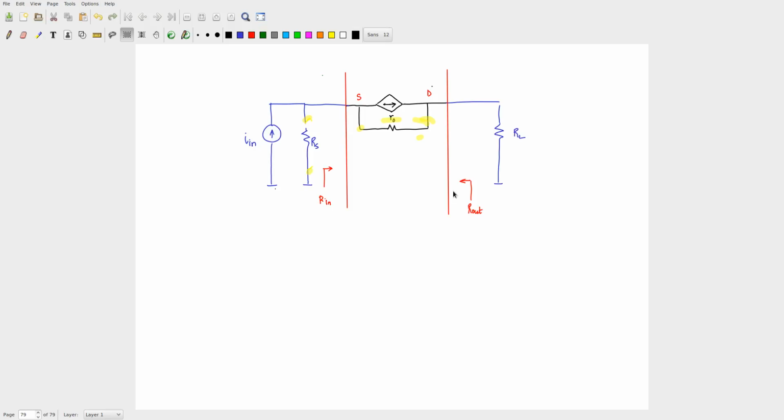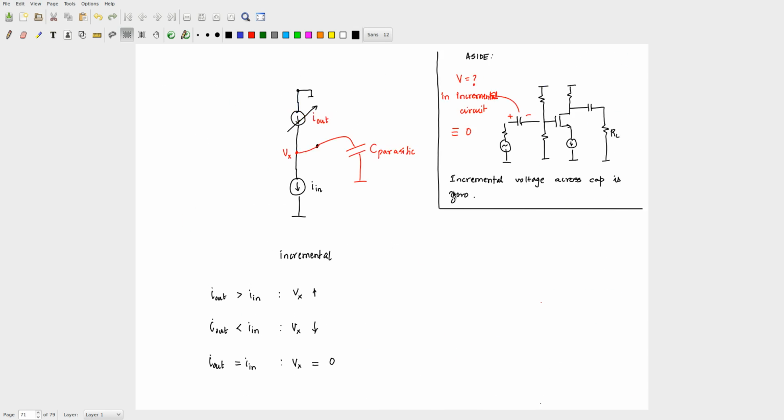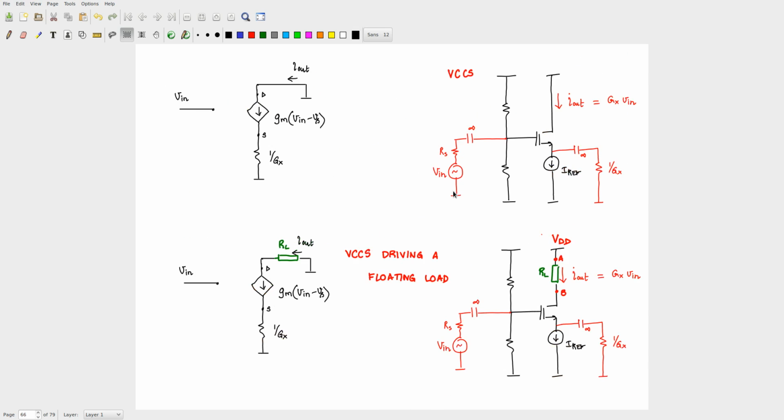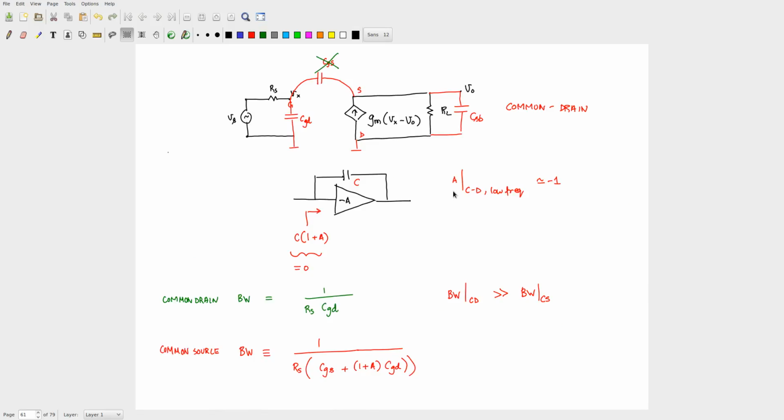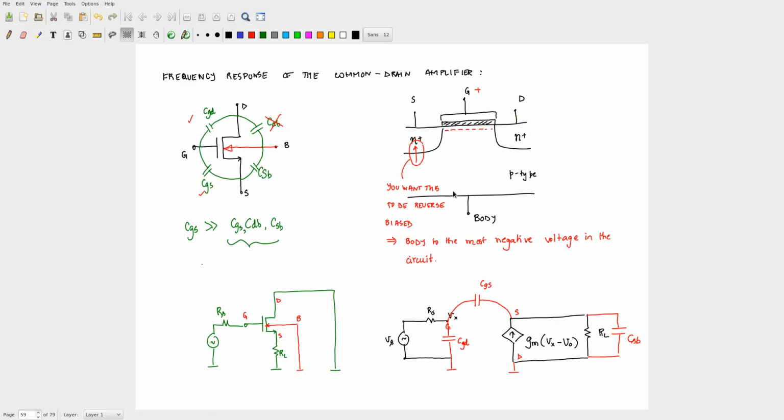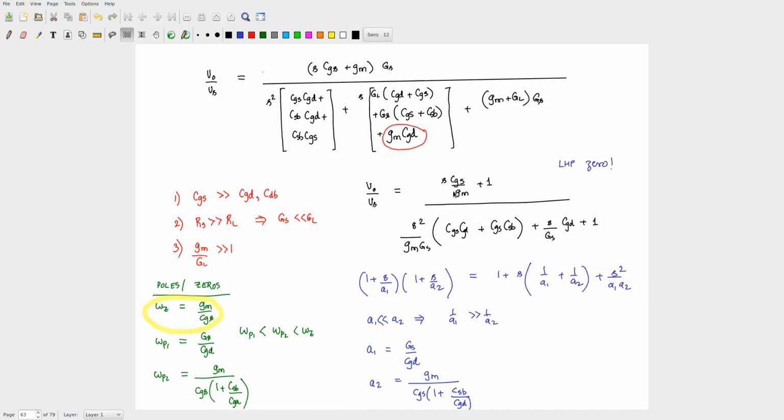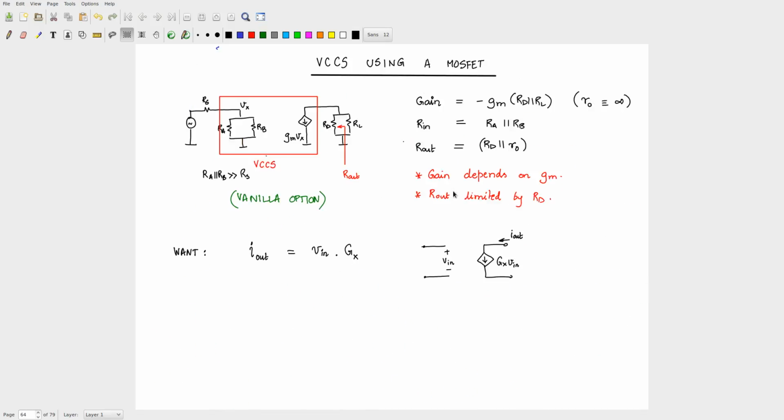Because in the common drain amplifier, where were you giving the input? What did I say? I said if you go back and look at the common drain amplifier, where was the input? Sorry, the other one, this voltage controlled current source.